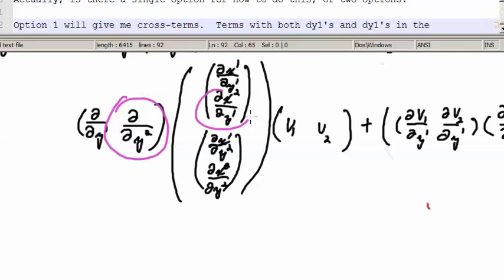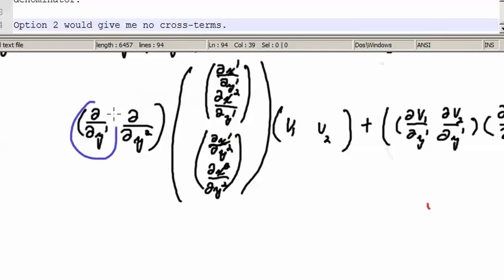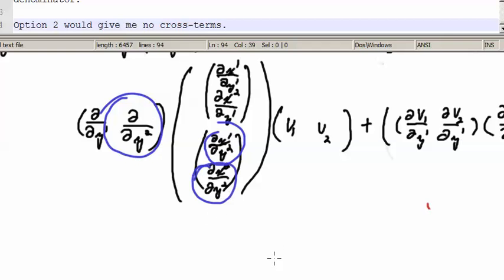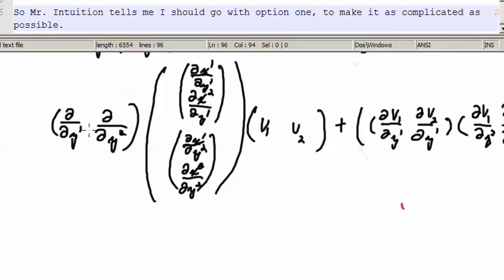And this term with this term would give me y2 and y1 in the denominator. Option 2 would give me no cross terms, since I'm taking, with respect to y1, both the y1 terms, and with respect to y2, both the y2 terms. So Mr. Intuition tells me I should go with option 1 to make it as complicated as possible.